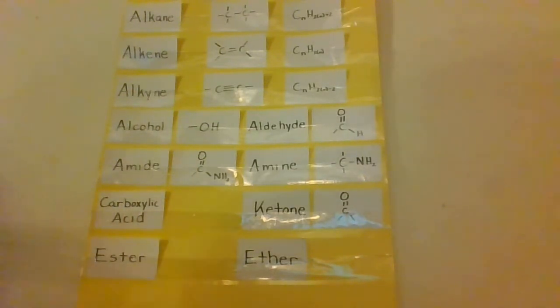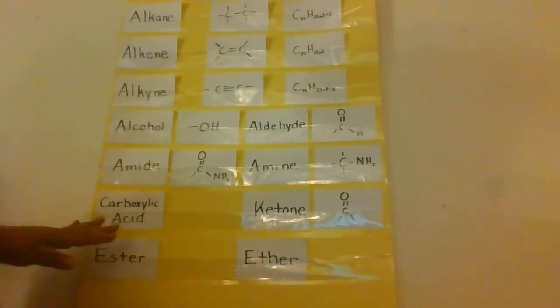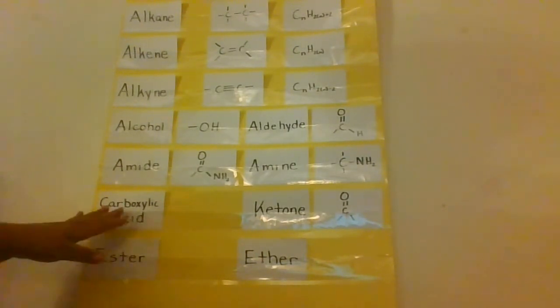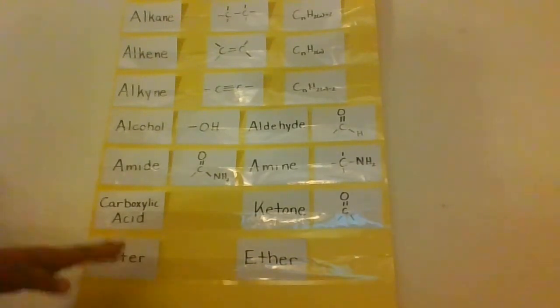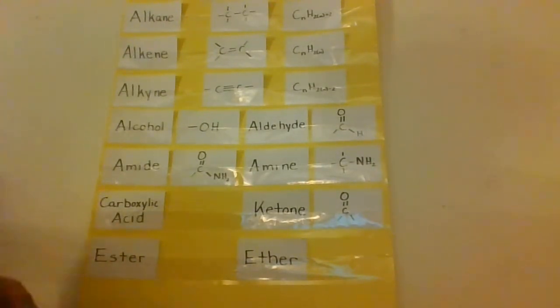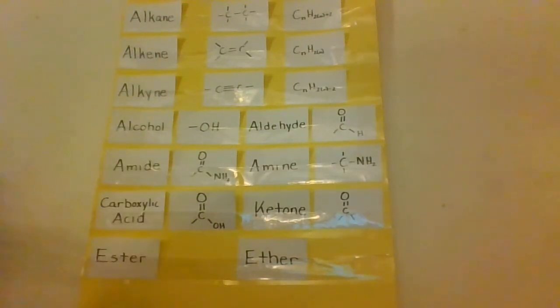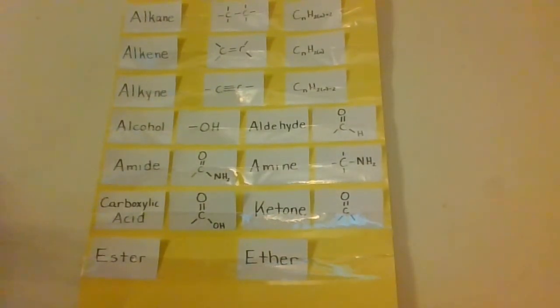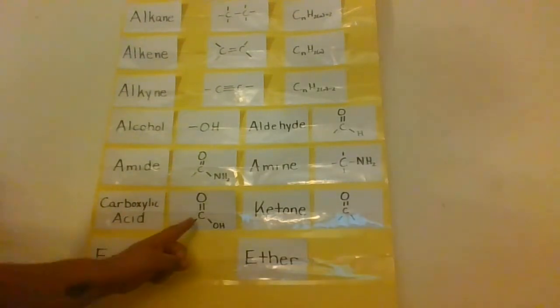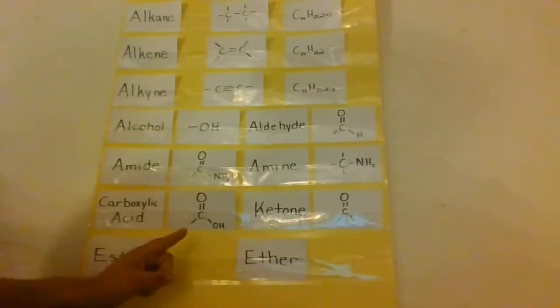Now, with carboxylic acid, one of the things that I tend to think of when I see this word is boxcar. And when I think of boxcars, those have to do with trains. So when I look at the functional group for carboxylic acid, I have a ketone, but then when I look to the left, there was nothing there.